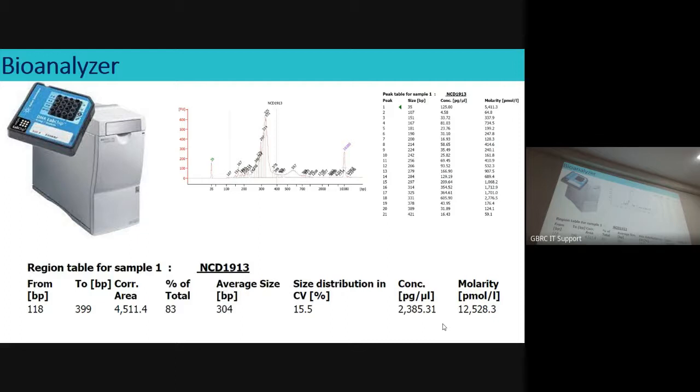The formulas are available. You have to feed in the concentration and the average size, and based on that, it will calculate the molarity. Here it is giving the molarity based on the size and the absorbance of that particular area. We have generally observed that the results of the Bioanalyzer and the Qubit molarity are almost nearby.